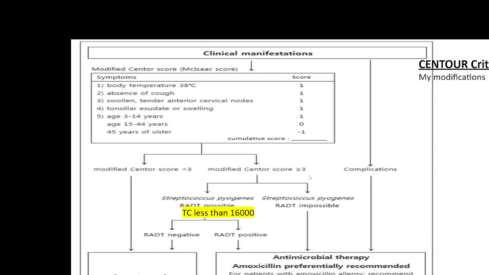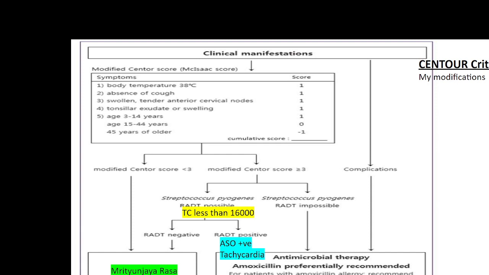If the score is more than 3, then instead of going for the throat swab test, the standard protocol is a rapid antigen detection test for Streptococcus pyogenes. ASO titer has to be done, but I would prefer to go only for total count, and if the total count is less than 16,000, the usual management would be the same, Mrityunjaya, Triphala.